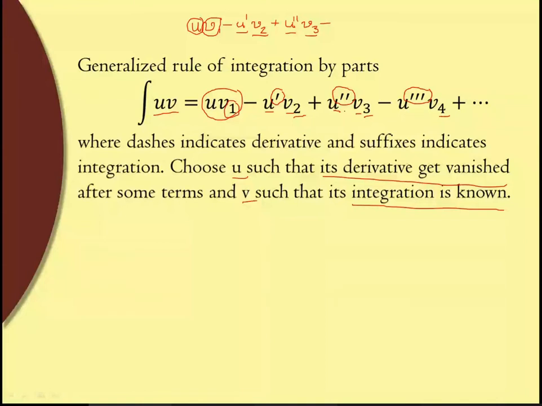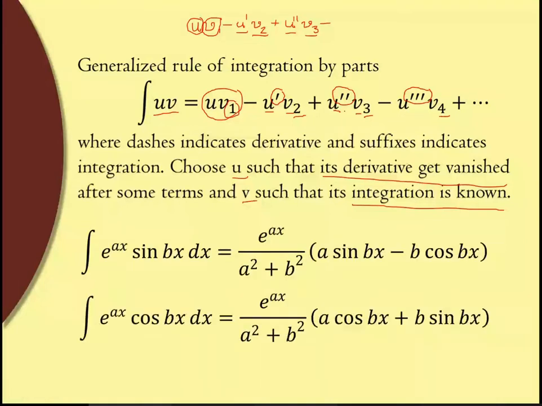There are two more standard formulas of integration that we have to remember. Already we used them in Fourier series, M2. So just recall those formulas. Integration of e raised to ax into sine bx is e raised to ax upon a square plus b square, into a sine bx minus b cos bx.